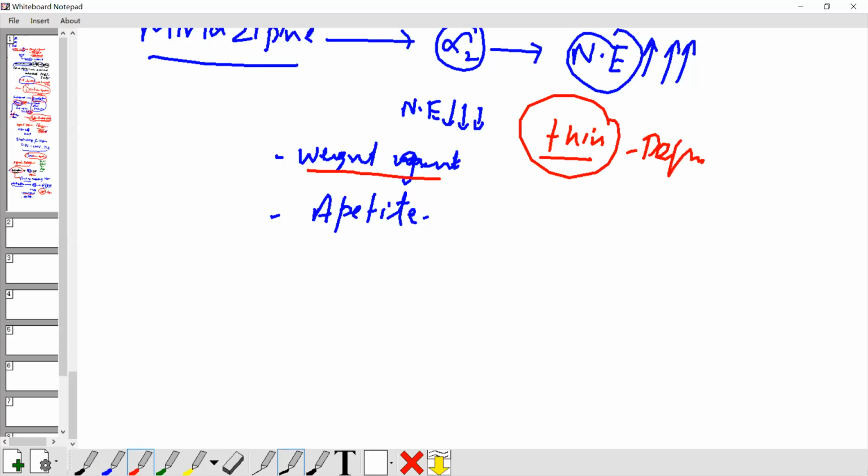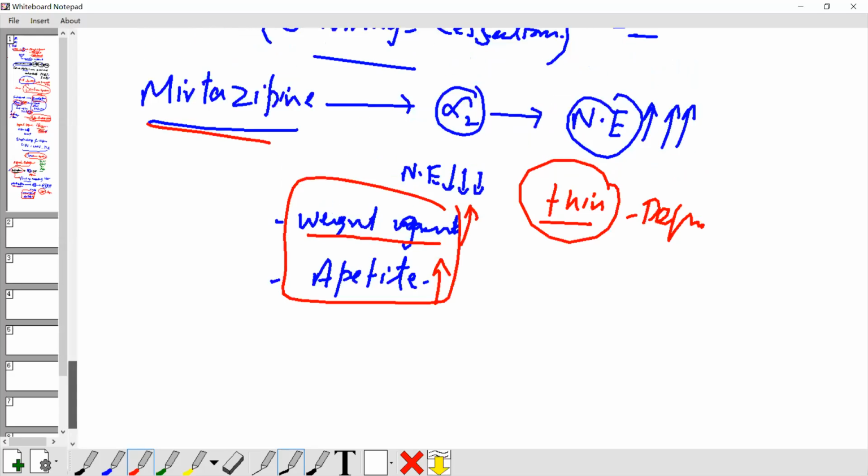So it's a very good drug, because the person is very thin, having weight loss. So what is this drug doing? Weight gain. Also increases appetite. So this drug is very good in a person having low weight.